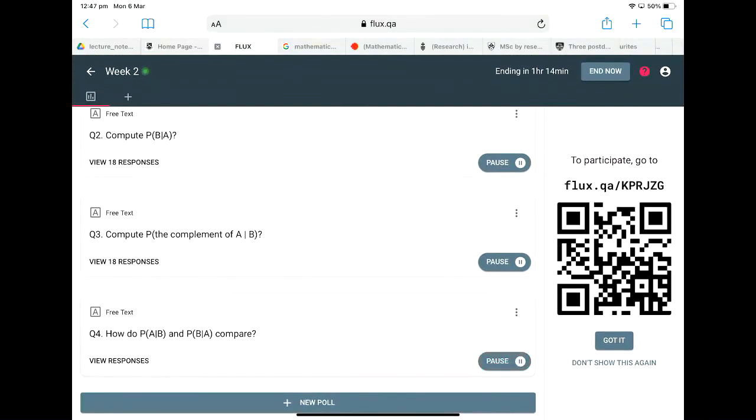How do we compare probability of A given B and probability of B given A? In order to write probability of A given B, what condition do I need?